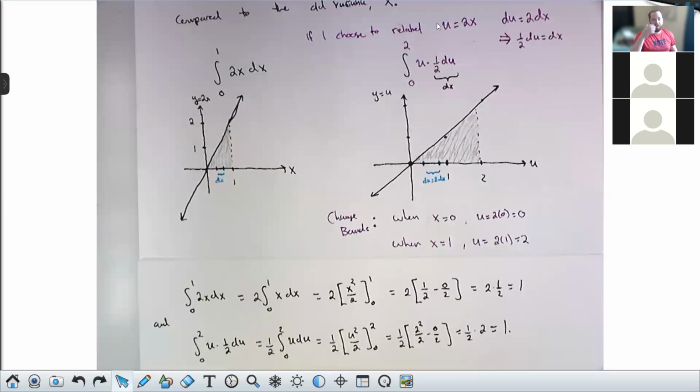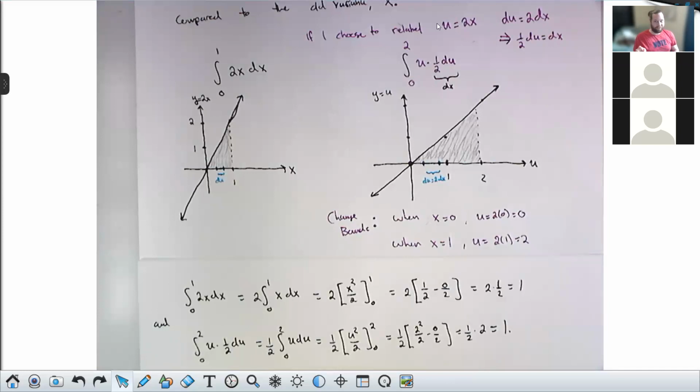Makes finding an antiderivative easier. But because we're doing a coordinate transform, because we're changing the geometry of the space where this area exists, we need to compensate for any stretching or shrinking of the x-axis. So as I turn the x-axis into the u-axis on this problem, we stretched everything out by a factor of 2.